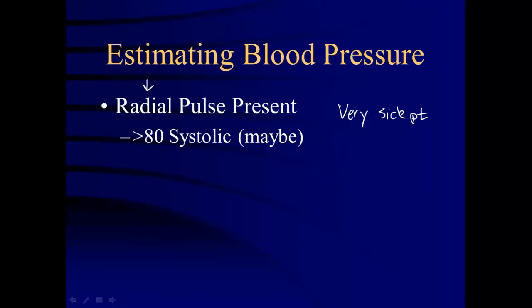So here's what we can say. If the radial pulse is present, we can estimate that your systolic blood pressure is at least 80. Maybe. This really depends on the patient. But if you're getting enough blood flow that you can feel a pulse at the radial, then they're probably doing okay. It may not be awesome, but they're getting blood all the way out to their hands and all the way down to their feet if they have a radial pulse present.